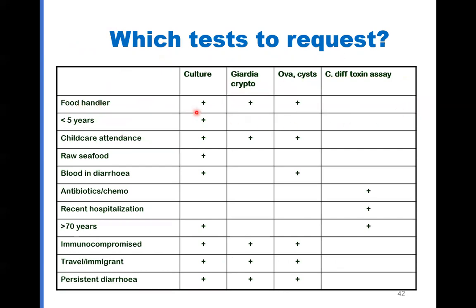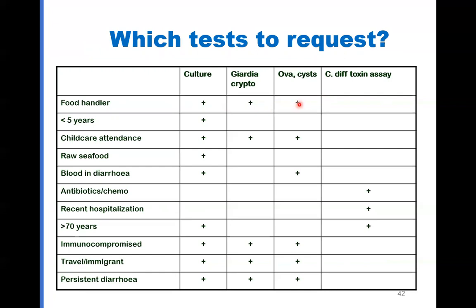If you have a food handler, somebody that is going to be dispensing food, you want to be sure that this person is not going to be dispensing infectious agents as well. So in this case, it's important to culture. Is this a carrier of Salmonella typhi? You want to be sure, okay? Giardia and Cryptosporidium, you have to screen for this.